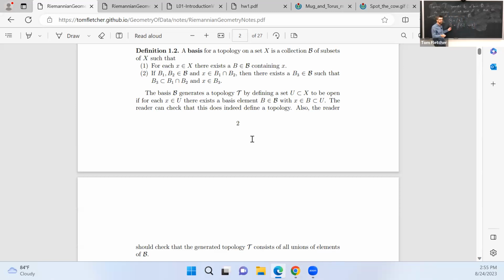All subsets of X are unions of one-point sets in X. So this would generate the discrete topology. Okay. Any questions about those two simple examples?